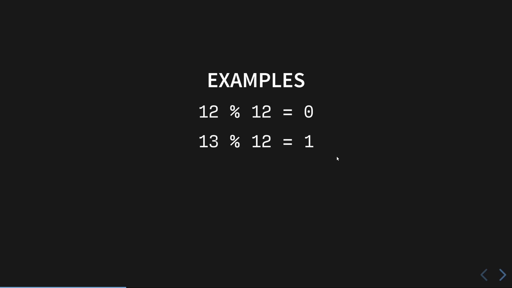And we actually use this in everyday life with the 12-hour clock because 13 hours is the same as 1 p.m., 23 hours is the same as 11 p.m., and 24, 12 goes into 24 twice and the remainder is 0.